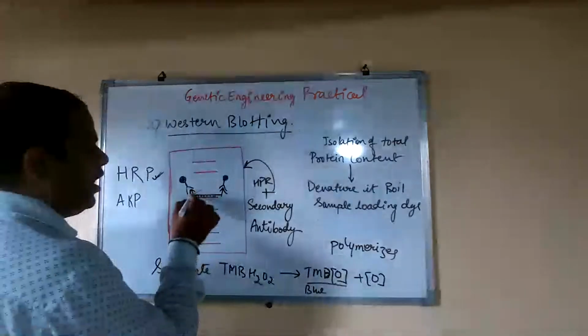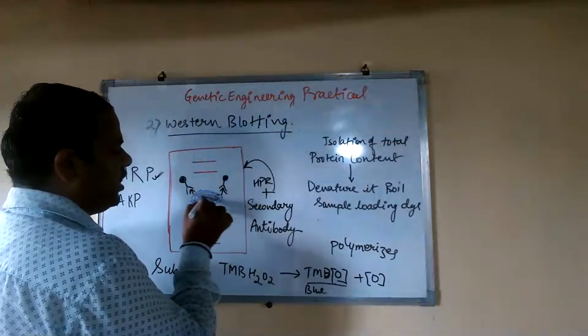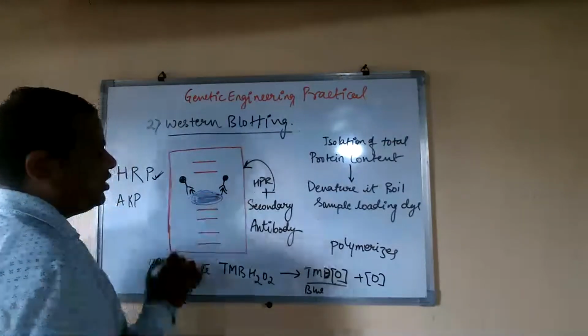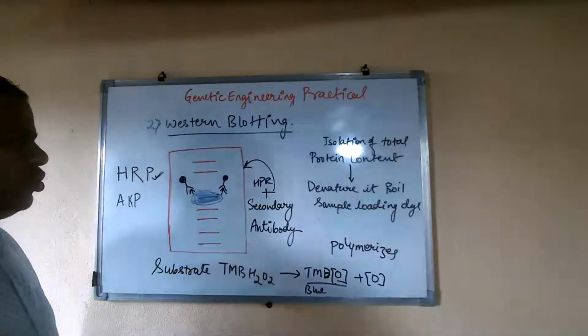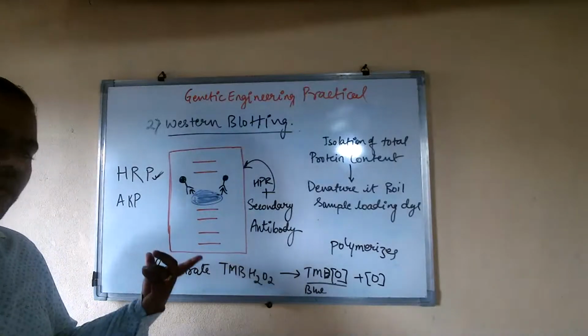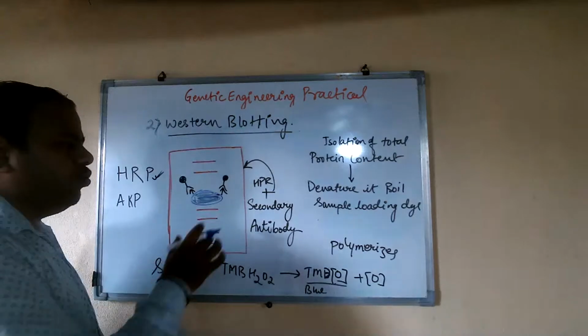So this whole area becomes blue in color, and thereby we can say that the band present at this position is the band which we are going to detect. At the starting only I told you that we have run the sample in two different copies in two different wells.